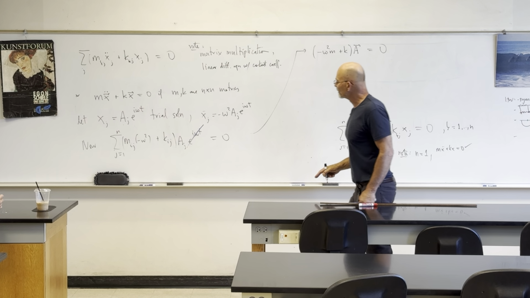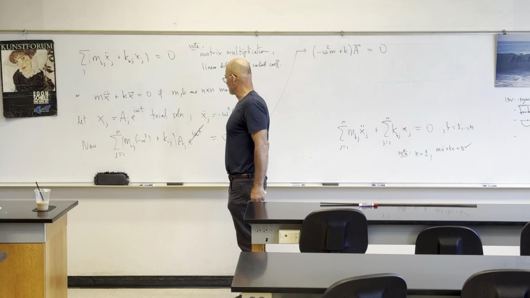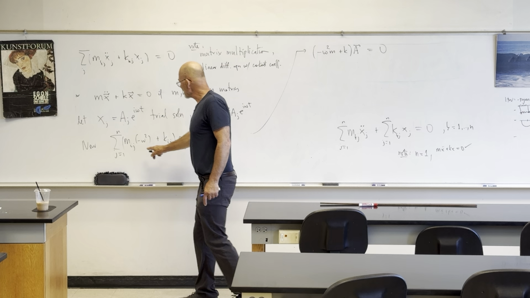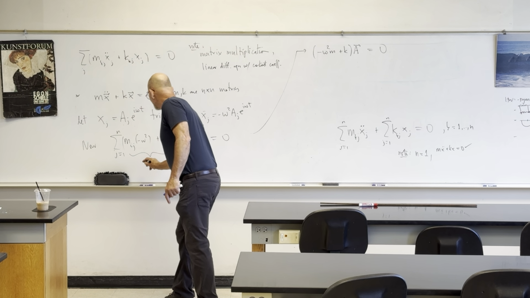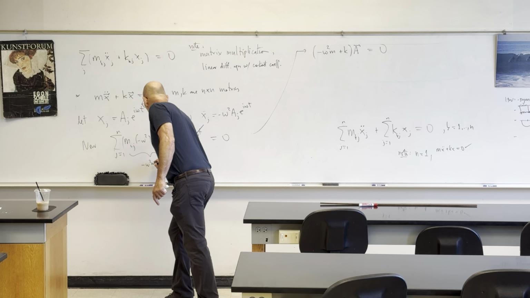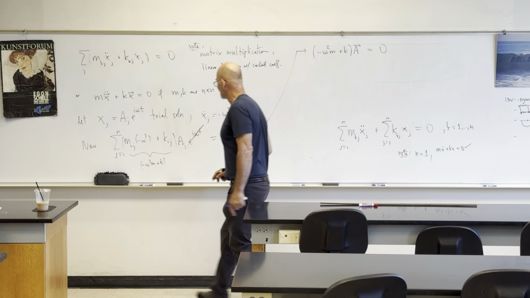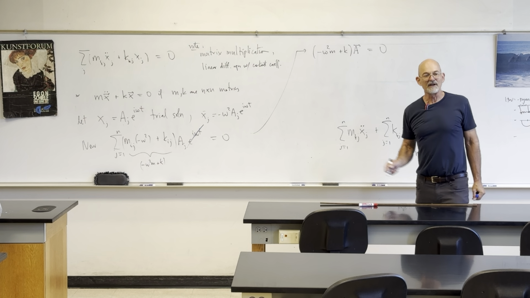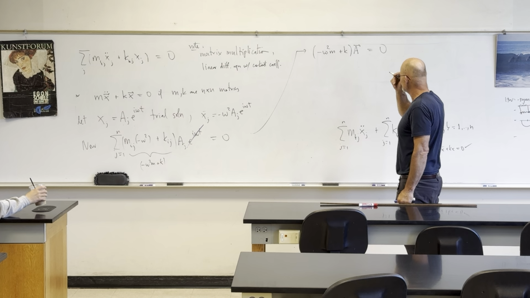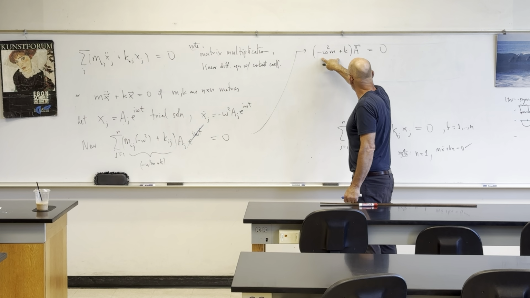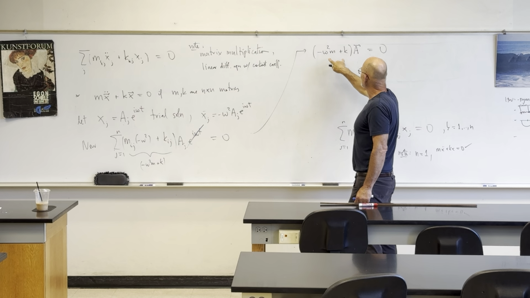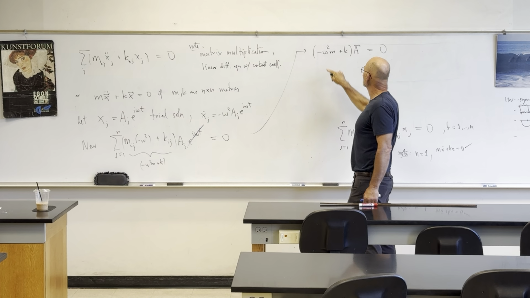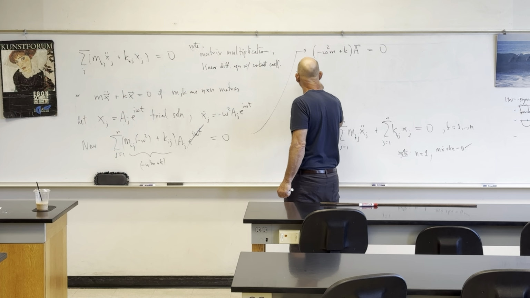Again, row times column, and now this is one big matrix, the matrix negative omega squared M plus K. And now you're in linear algebra. The only time this kind of equation has a non-trivial solution is when this matrix has linearly dependent rows and columns. So I'll write here, from linear algebra.